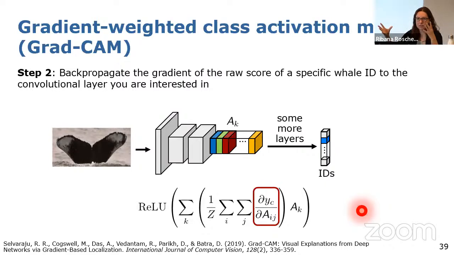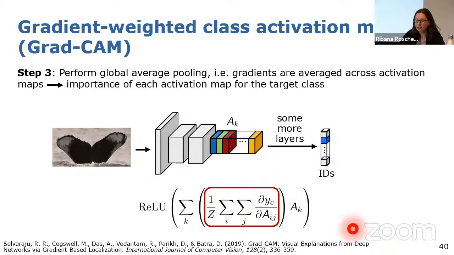When you have this network, you can also backpropagate and see what the gradients do. And this is actually this part here. And then this is something you already know: global average pooling.